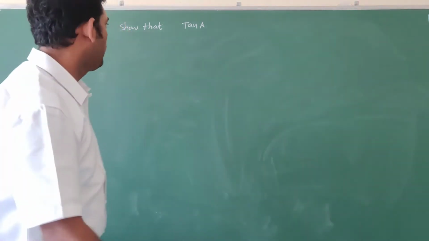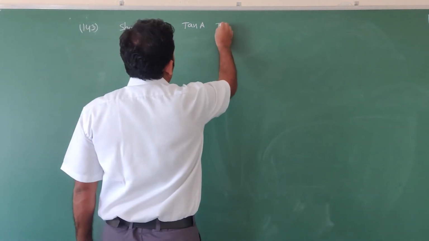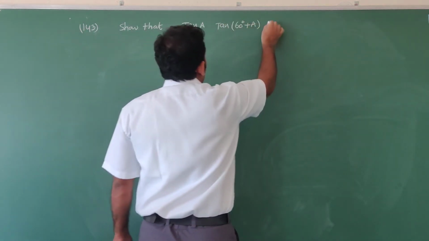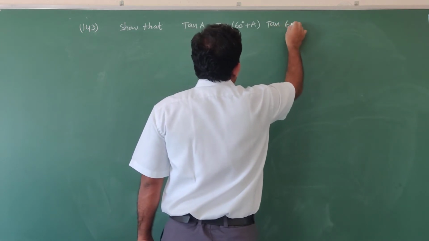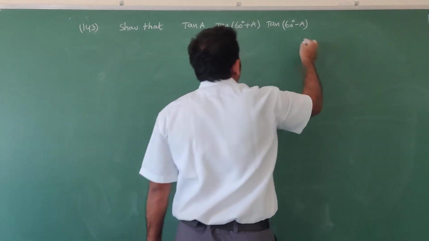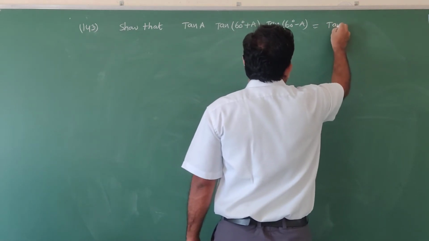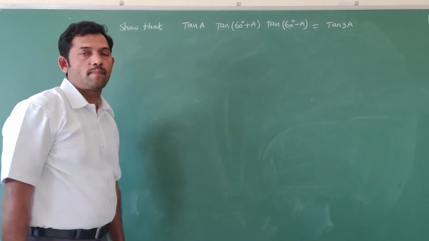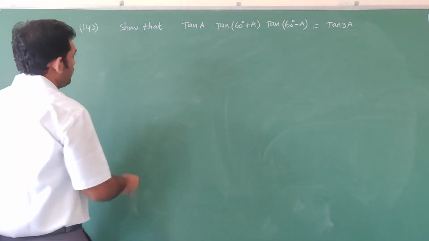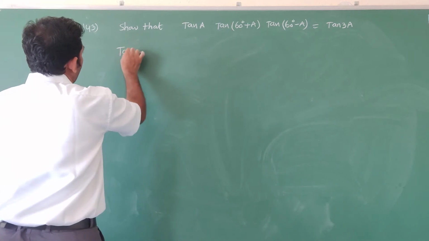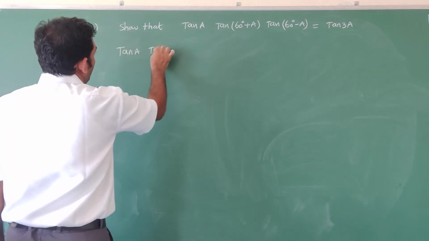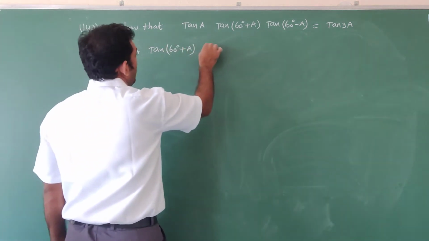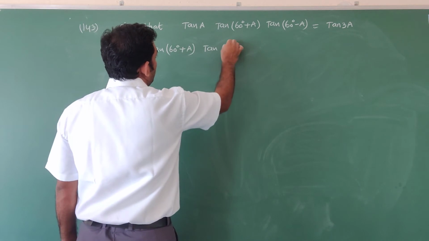Show that tan A tan(60 degrees plus A) tan(60 degrees minus A) equals tan 3A. So take the LHS value: tan A tan(60 degrees plus A) tan(60 degrees minus A).